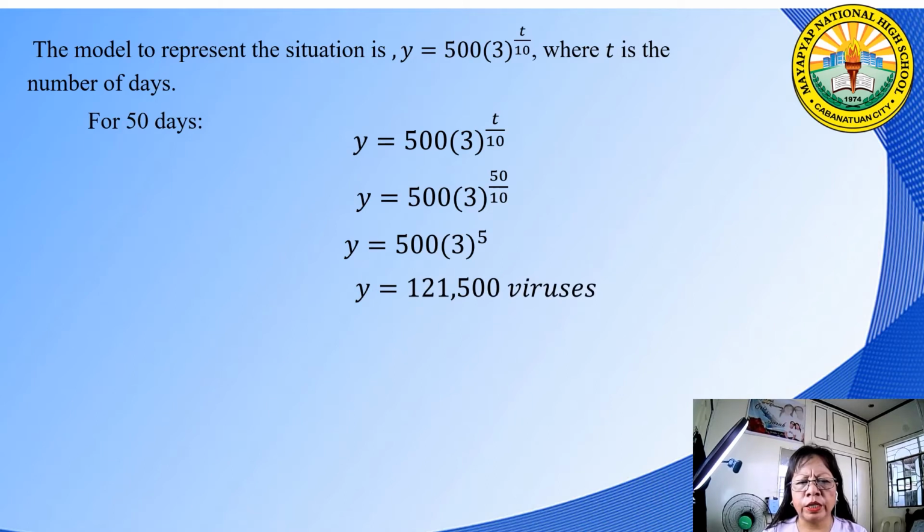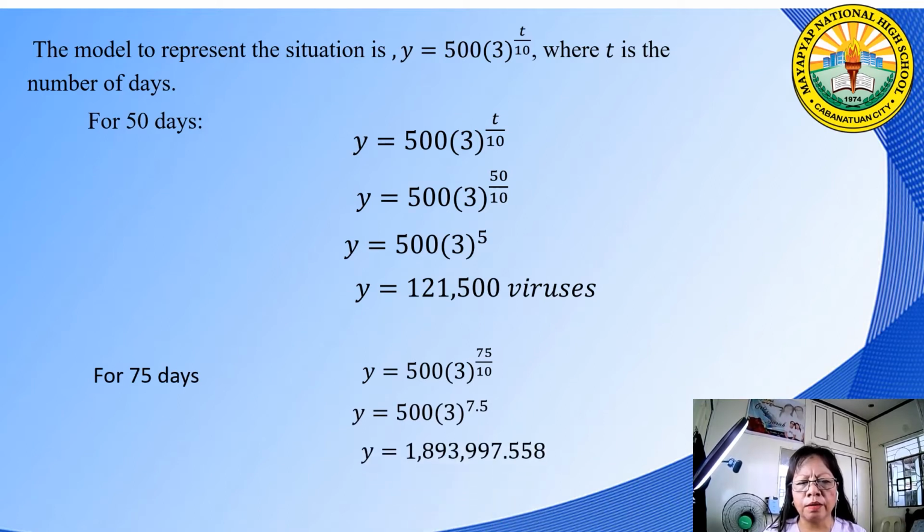Therefore, the number of viruses for 50 days is 121,500 viruses. And for 75 days, use the same model. So y equals 500 times 3 raised to 75 over 10. Then you simplify 75 over 10, so y equals 500 times 3 raised to 7.5. Then y is equal to 1,893,997.558 viruses for 75 days.